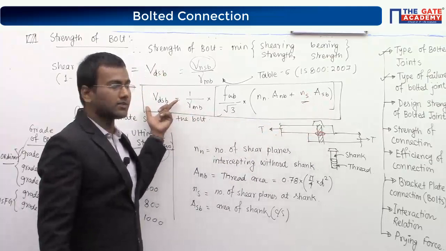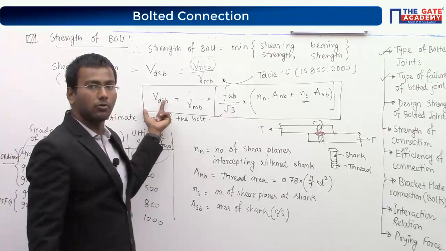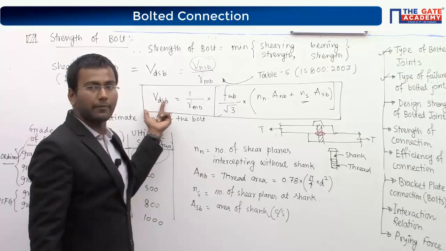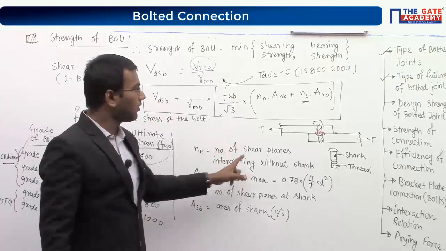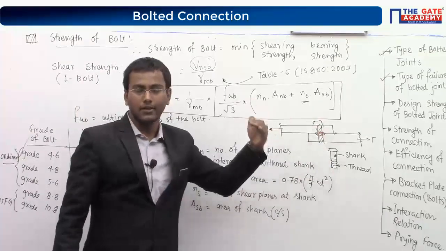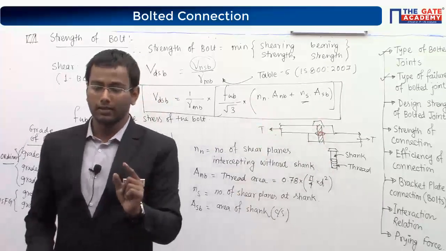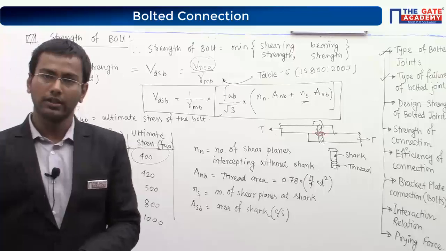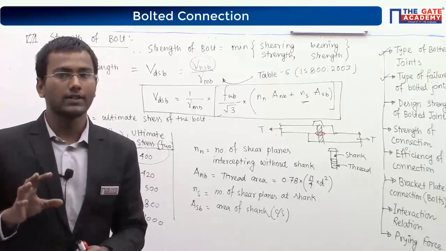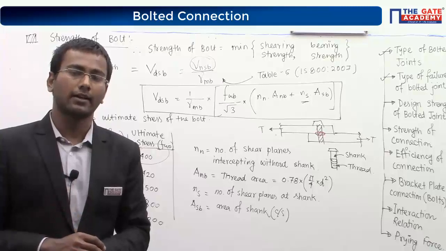But in construction, if the shear plane is lying on the thread, the value will become less. So that's why, if in the given question no data is given about where the shear plane is lying, always consider that the shear plane is acting on the thread.